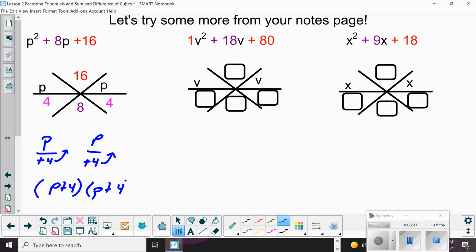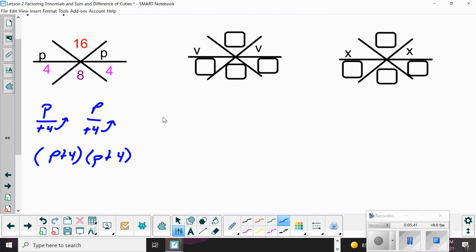Now, if you wanted to check this, I'm only going to do this once, but remember you can multiply these together. So you've got to double distribute, double FOIL. P times P is P squared.